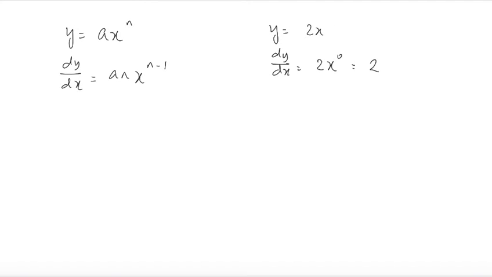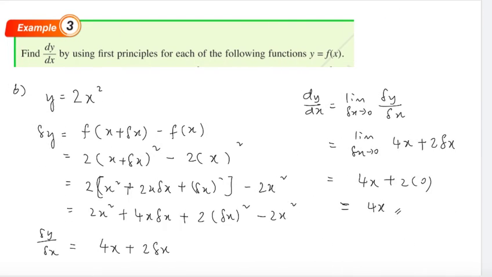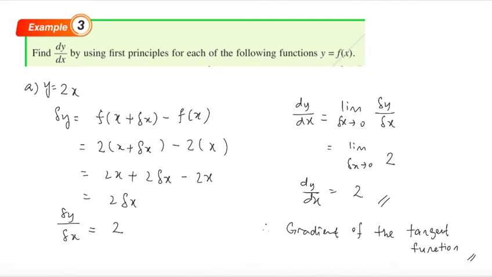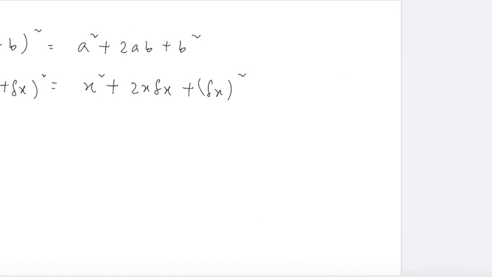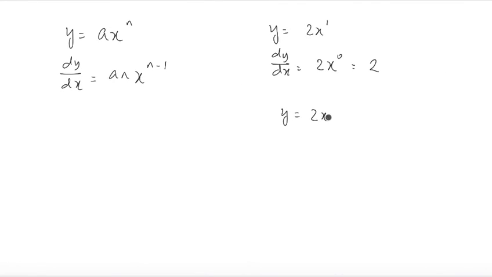So the first one, when y equals to 2x, your answer dy dx is 2. The second one, 2x squared, and 2x cubed. When y equals to 2x squared, dy dx equals to a times n, 2 times 2 is 4, x power 2 minus 1 is 1.